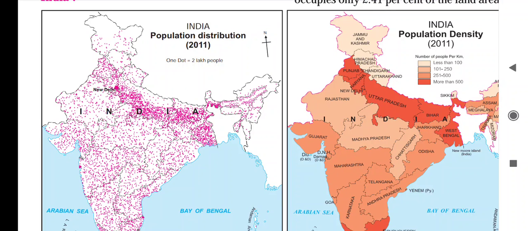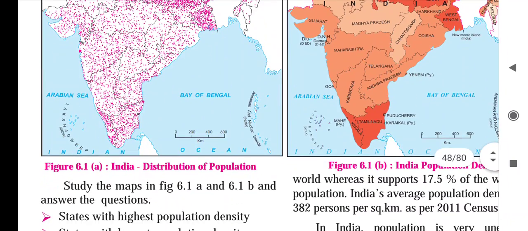You can see here the northeastern side, that population is dense settlement. We can find nucleated settlement in Punjab, Haryana, Uttar Pradesh and Bihar, West Bengal. Downside also we can see here Tamil Nadu, Kerala. So these are the places where dense settlement we find.